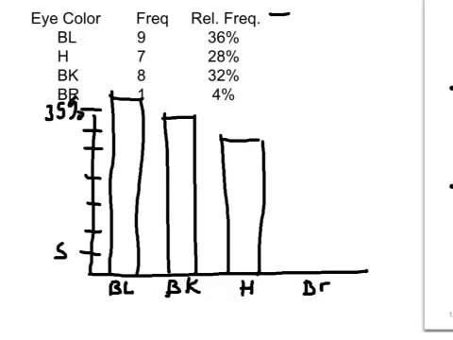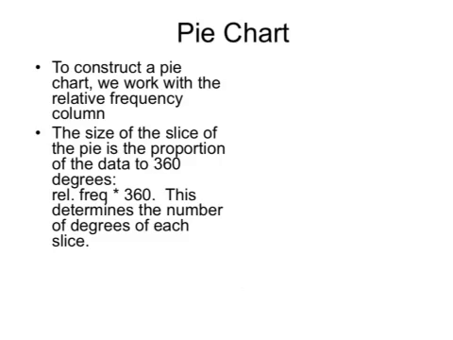And then for brown we have 4%. So this would be our bar chart using the relative frequencies for our eye color. So that's it for bar charts regarding our eye color. So let's take a look at our next.